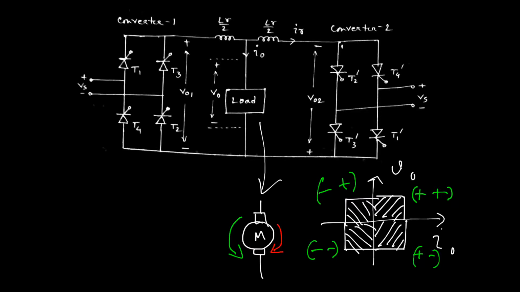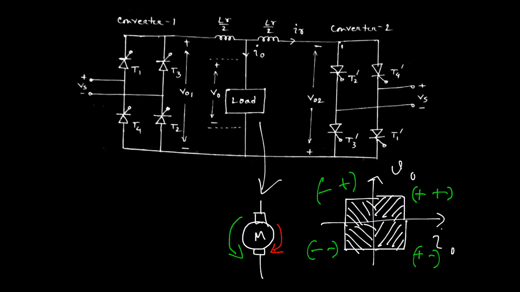but due to the change of current for converter 1 and 2, depending on the firing angle alpha 1 and alpha 2, an instantaneous voltage difference can occur, and due to which there may be no current in the load, but there occurs an instantaneous voltage difference.